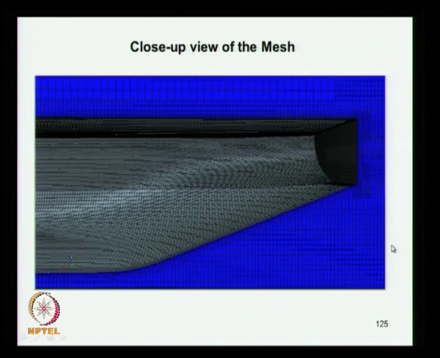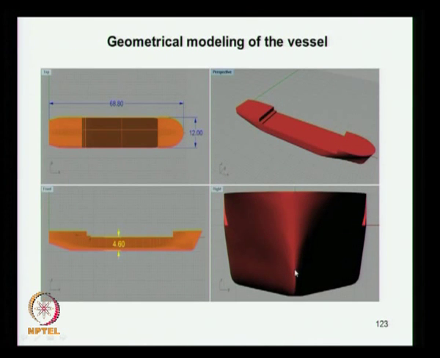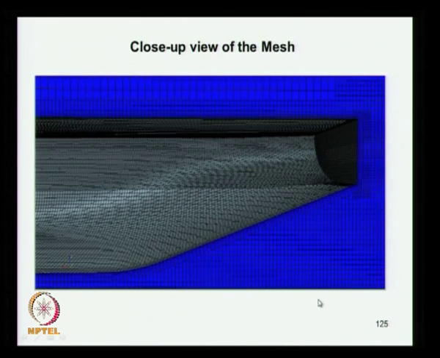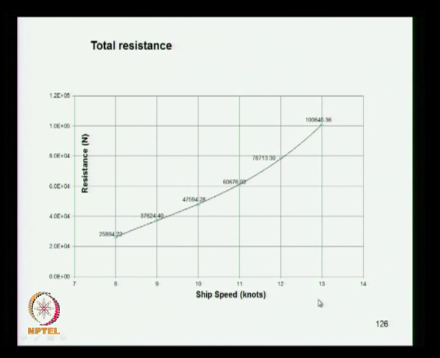You can see the model is one without a bulb; it is a raked stem, so there is no bulb here. The provision of the bulb will obviously have a positive influence on the resistance of the vessel.